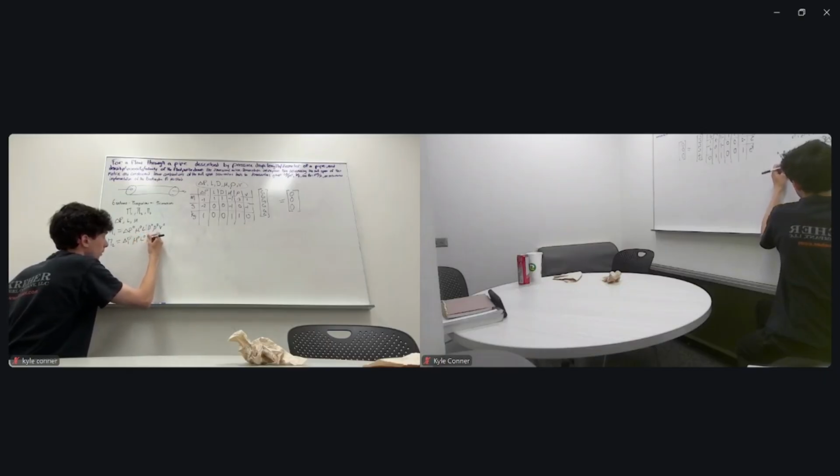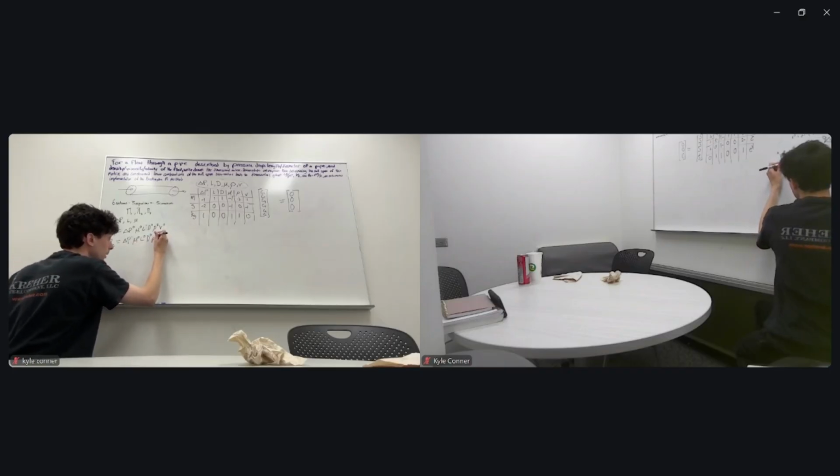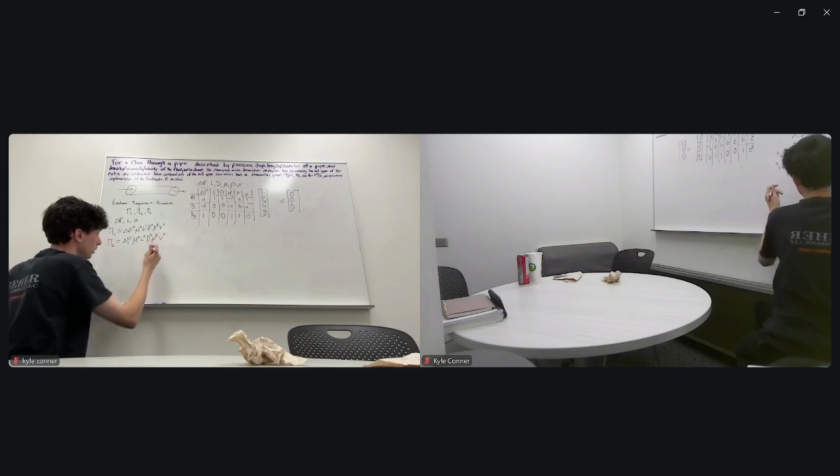Then we'll have our diameter to the D power, our density to the E power, and our velocity to the F power.